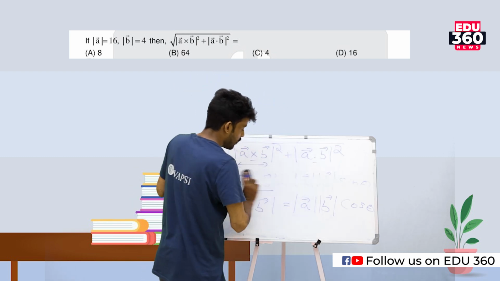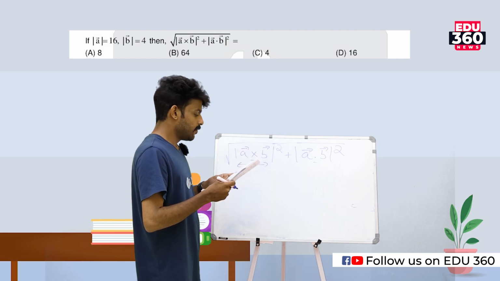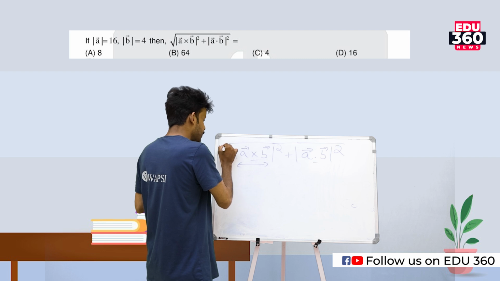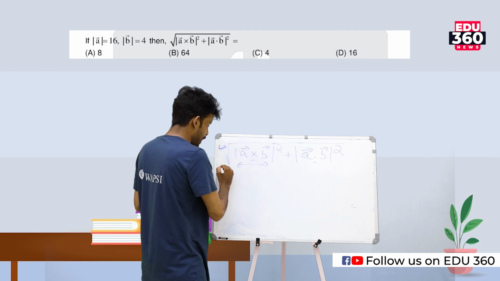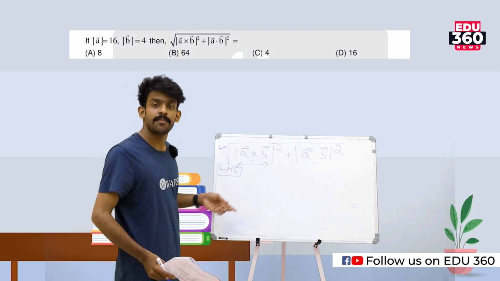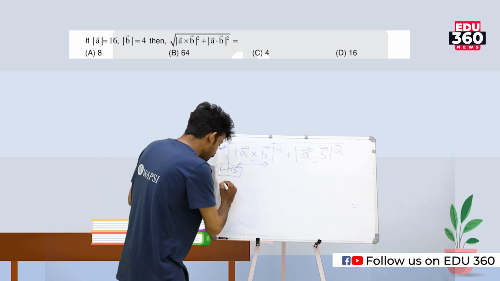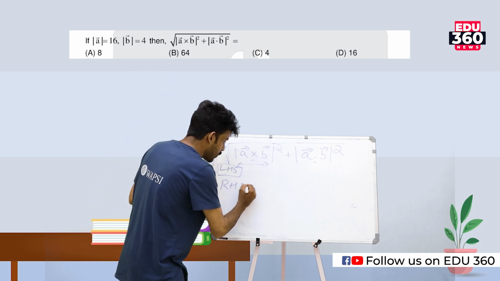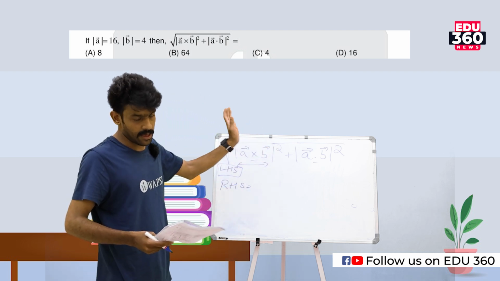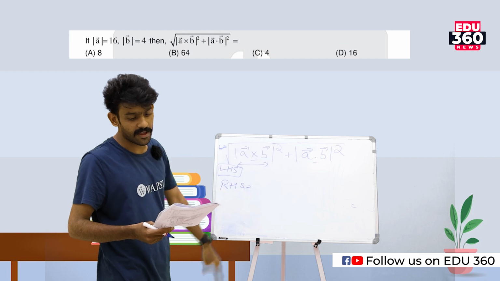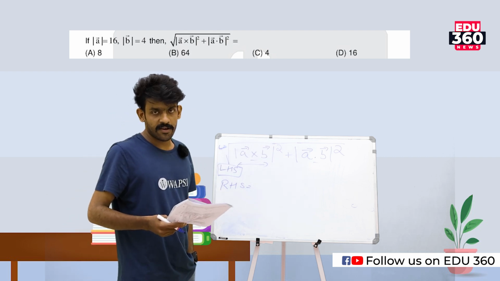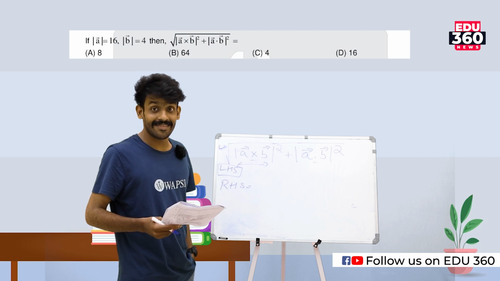While we are substituting, this is the LHS, the left hand side, that means this is the question. And this is the right hand side, RHS, where we can apply the values. We know that A vector cross B vector is equal to modulus of A vector into modulus of B vector sine theta.